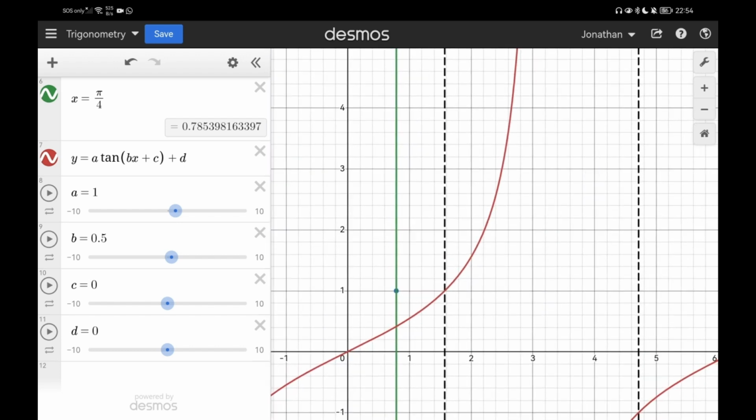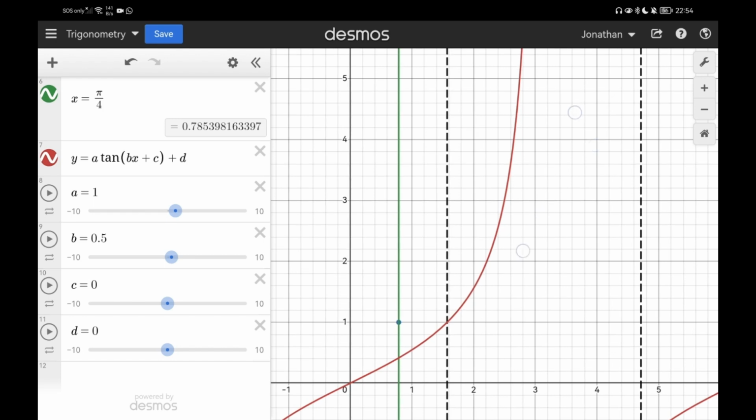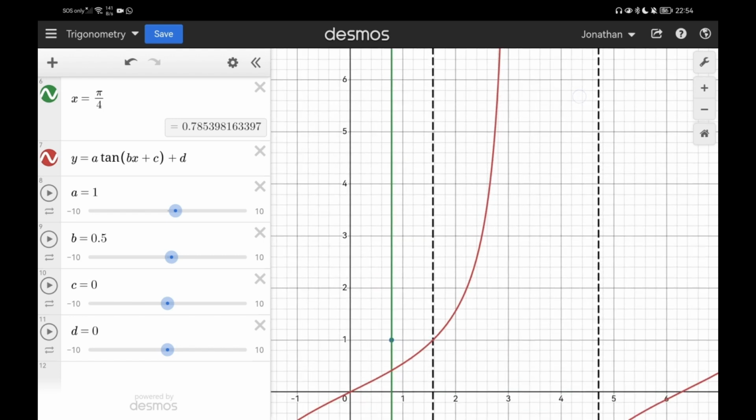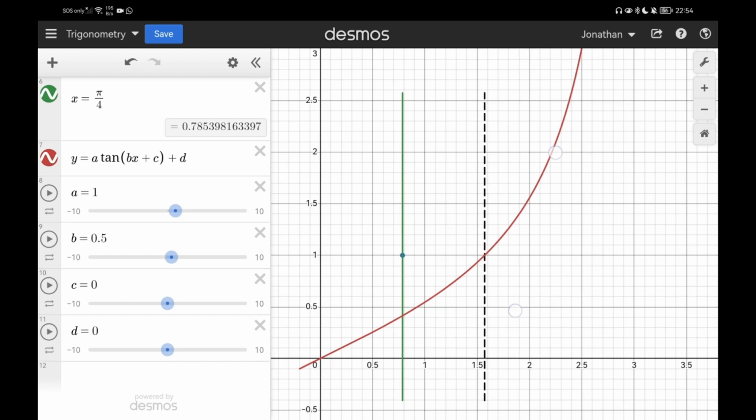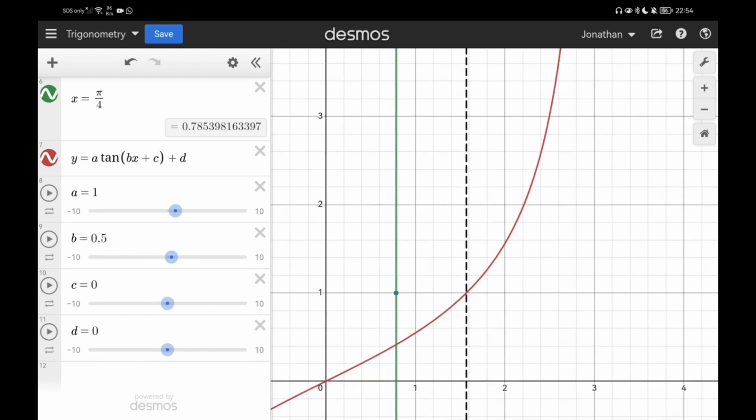But for b less than 1 but not equal to 0, the transformation, I mean the cycle, widens. So this is the best and simple explanation for the stretch in the x direction.